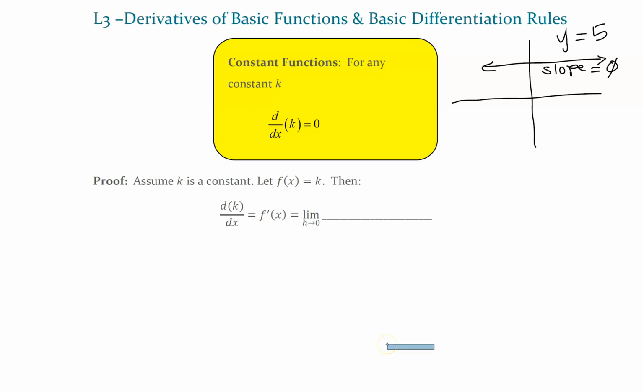Based on the definition, f prime of x is the limit as h goes to 0 of f of x plus h minus f of x, divided by h.